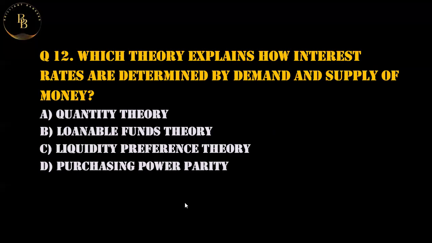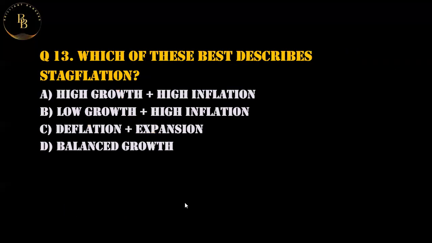So the answer will be option C, liquidity preference theory. Mr. Keynes proposed that people hold money for transactions, precaution, and speculation, determining the rate of interest. So the interest rates are determined by demand and supply of money. This is said in liquidity preference theory.